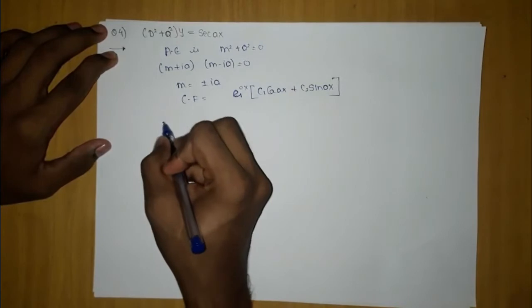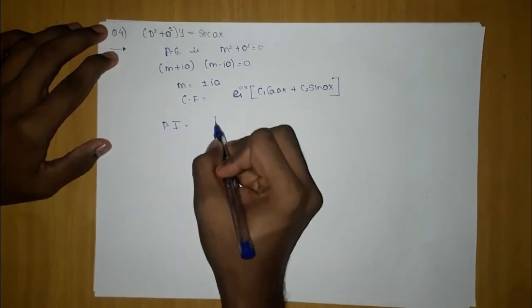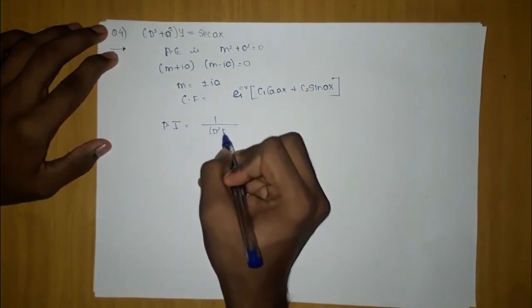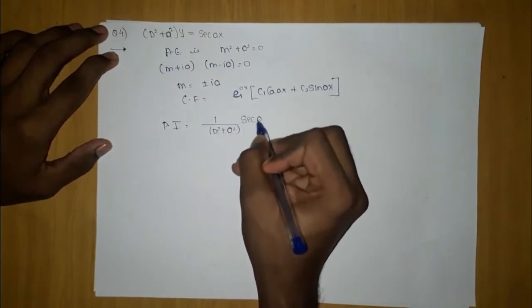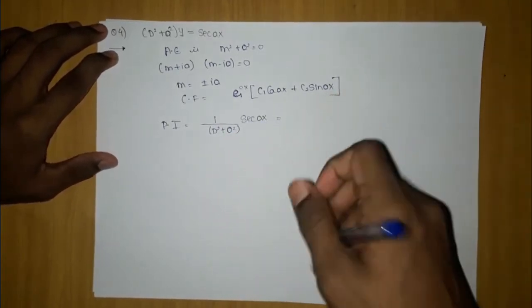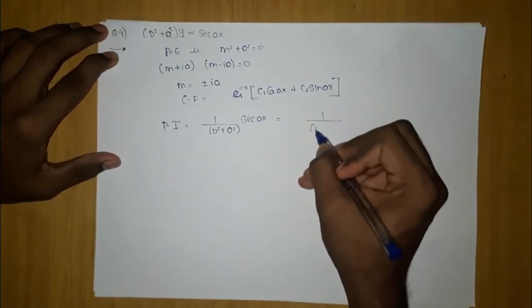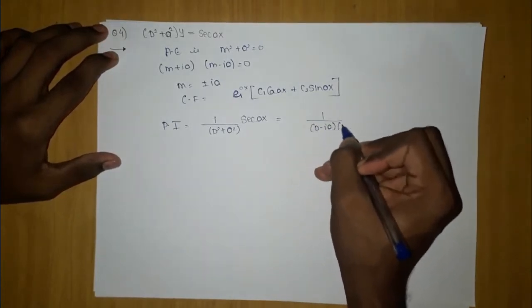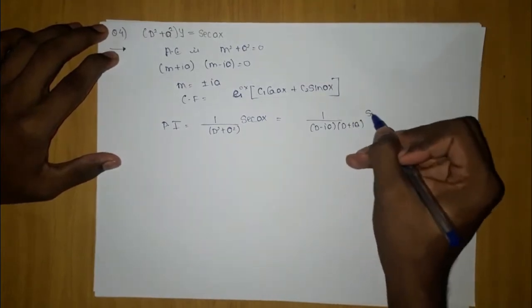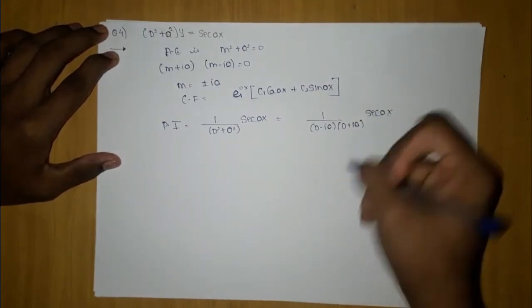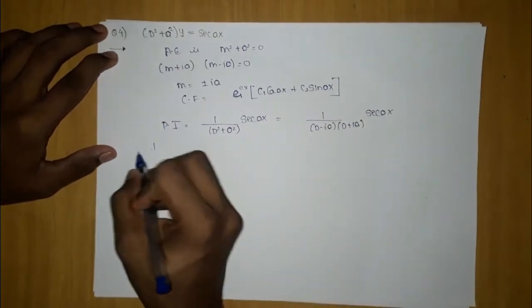After doing this, you can get the particular integral, which will be 1 by D square plus a square into sec ax. After this, you can break this thing as (D minus ia) and (D plus ia) into sec ax. Now what you have to do, you have to solve this by partial fraction.